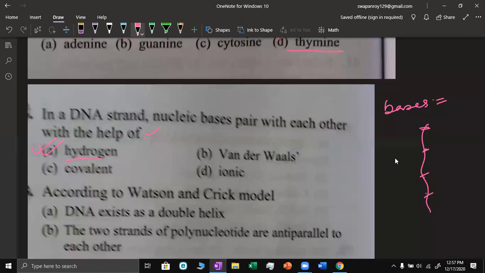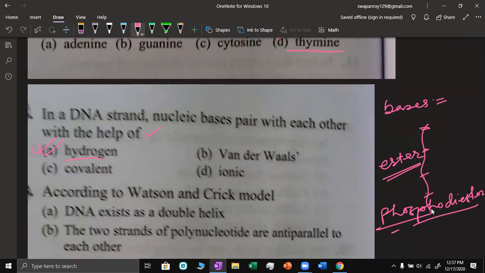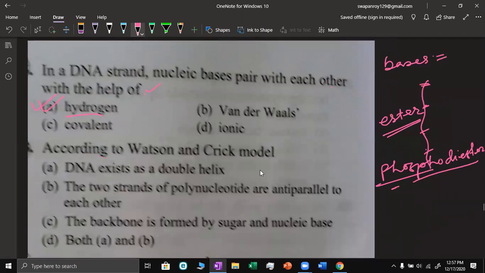That bond is the phosphodiester bond. These bonds, you have to remember.